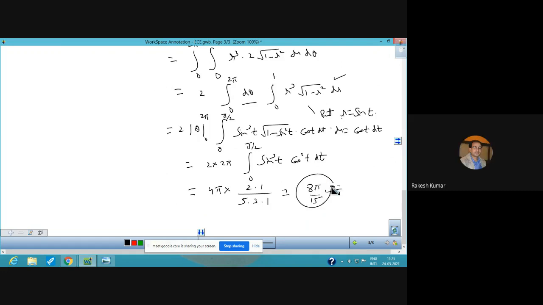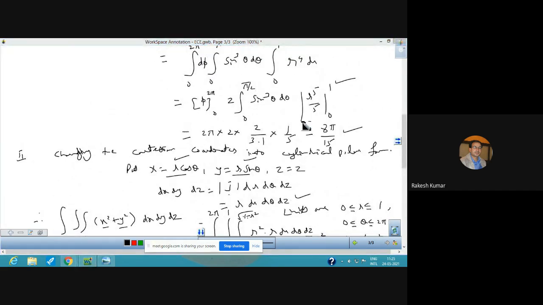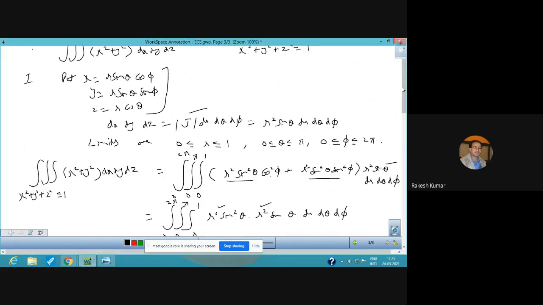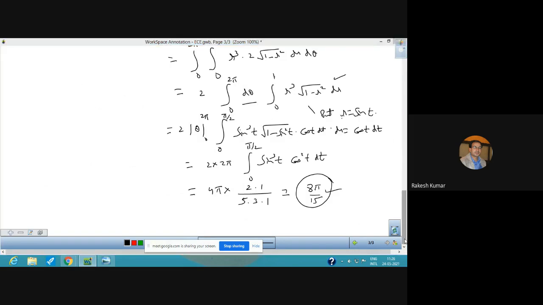Now you just see, this is the same evaluation as we have got here. This is also 8 pi by 50. So whether we change to spherical polars or to cylindrical polars, there is no alteration in the outcome of the given question. So this is a very important thing.